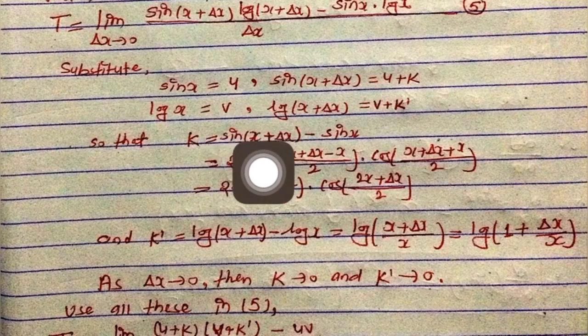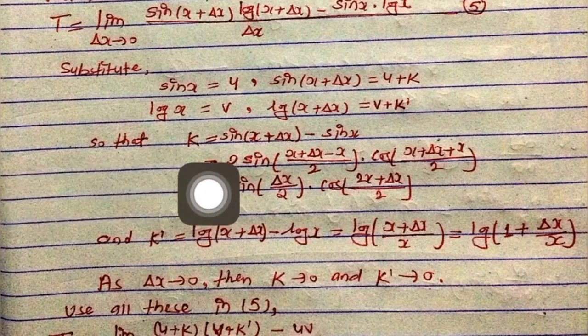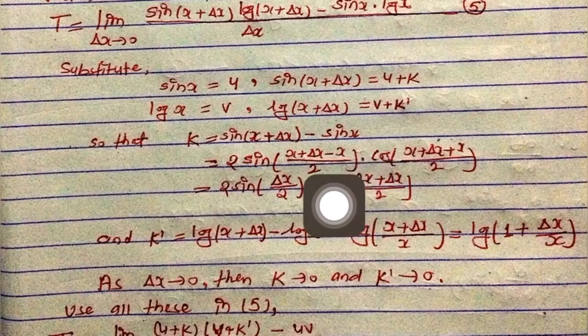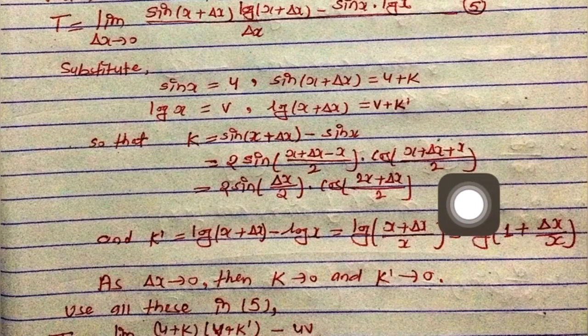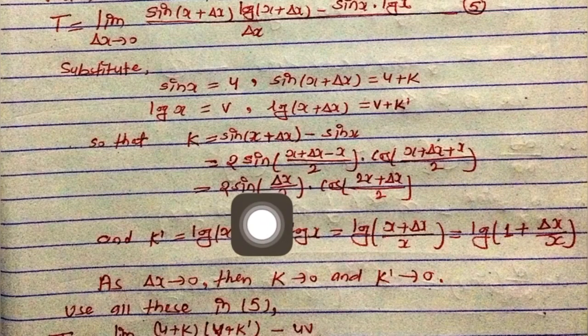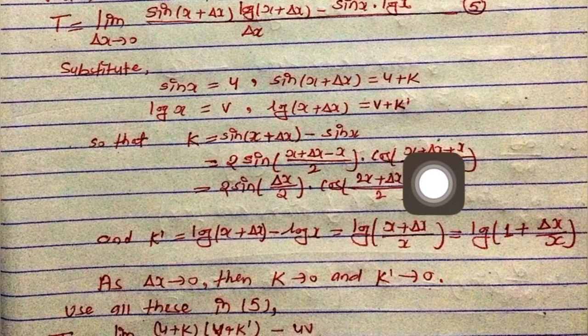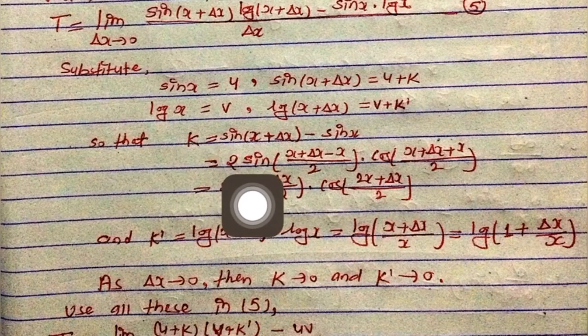And here you can use the relation sin c minus sin d is equal to 2 times sin of (c minus d) divided by 2 times cos of (c plus d) divided by 2. So using the same relation here, we have k is equal to 2 times sin of ((x plus del x) minus x) whole divided by 2 dot cos of ((x plus del x) plus x) whole divided by 2. And here x cancels out, we are left with 2 times sin of (del x by 2) dot cos of ((2x plus del x) divided by 2). So k is equal to this one.